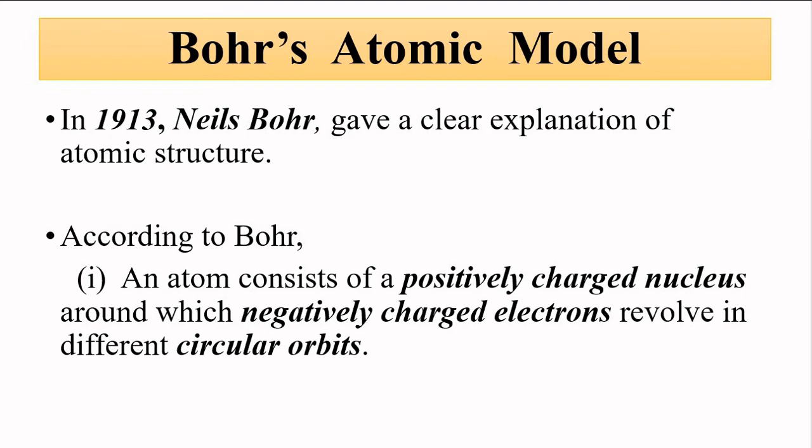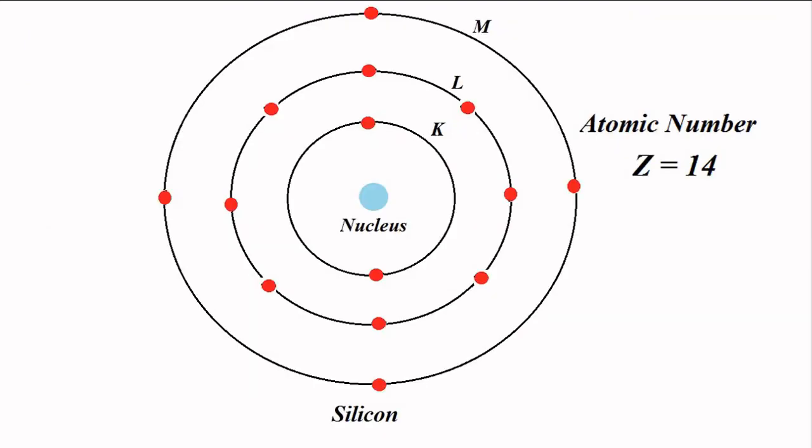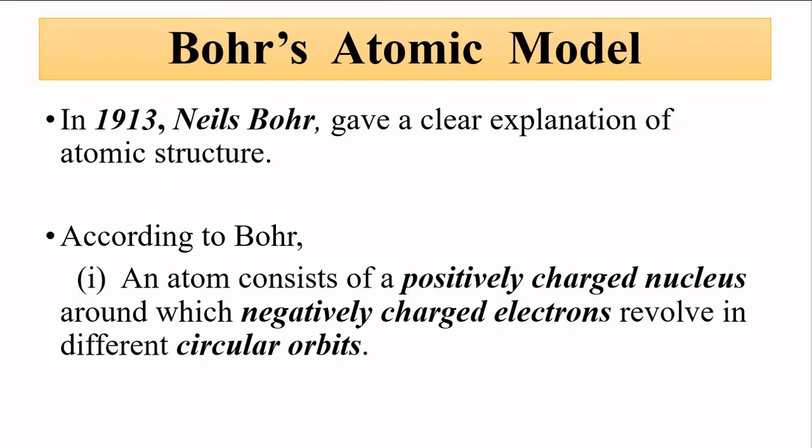First, an atom consists of a positively charged nucleus, around which the electrons revolve or move in certain well-defined designated orbits, circular paths. That is the first and most important point.